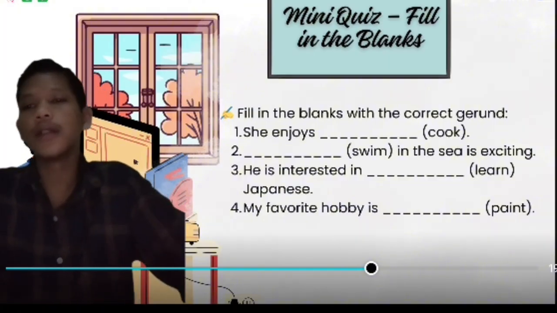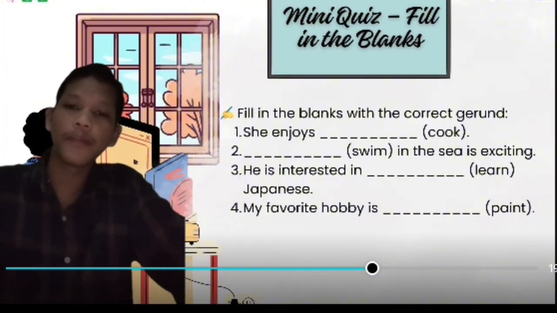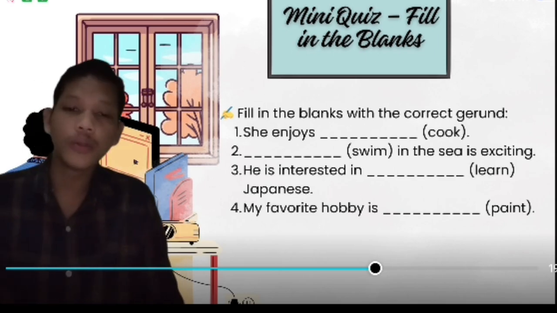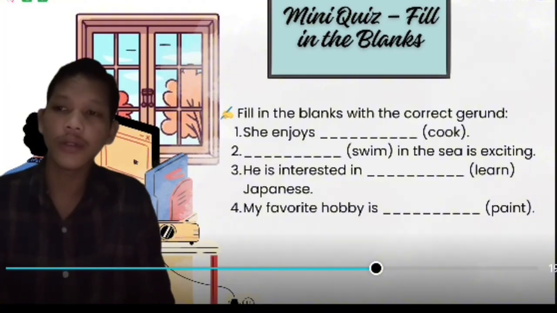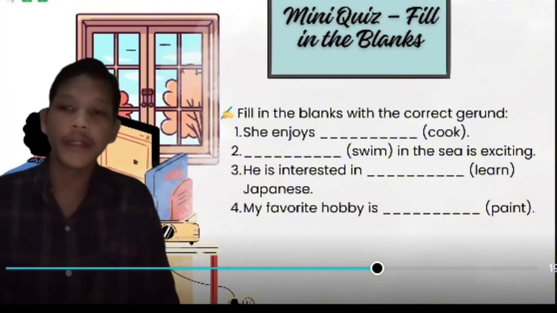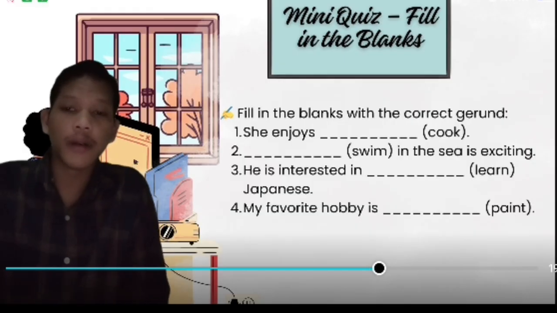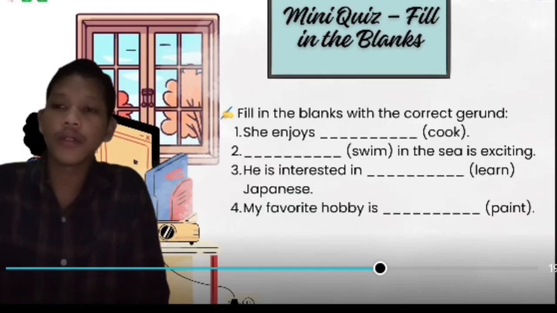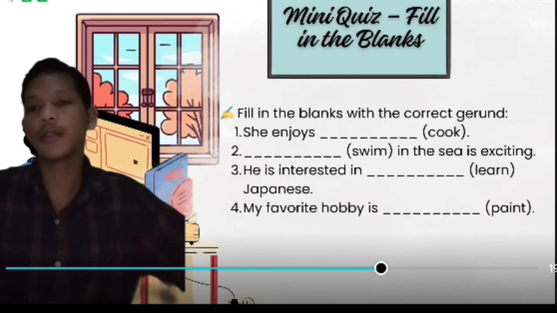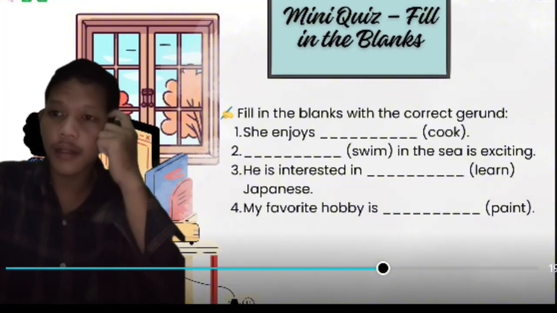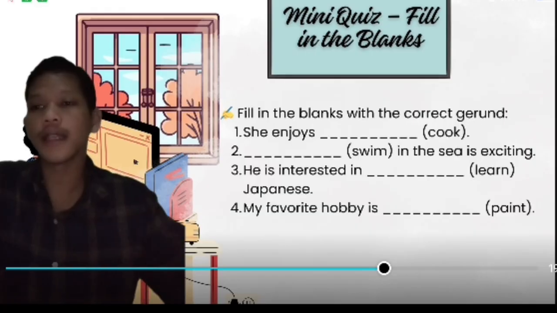Alright, so the cook must be plus ing because there are two verbs in this sentence, so we have to add ing for the second verb, like she enjoys cooking. So that's why it is the correct gerund in this sentence.